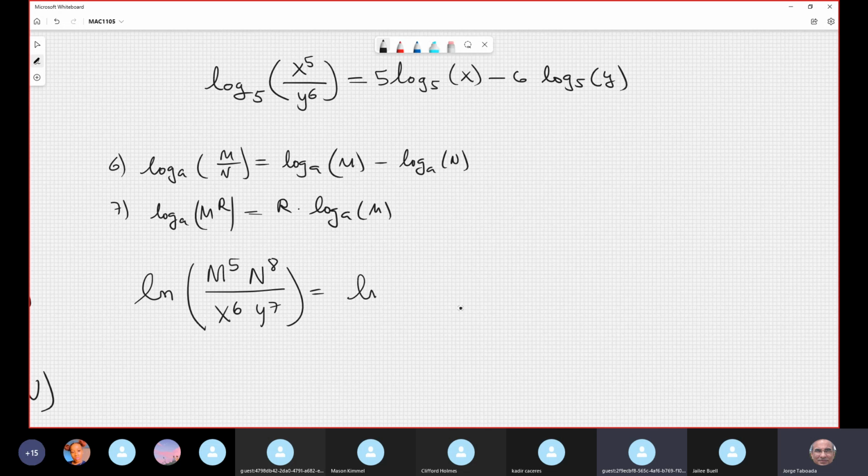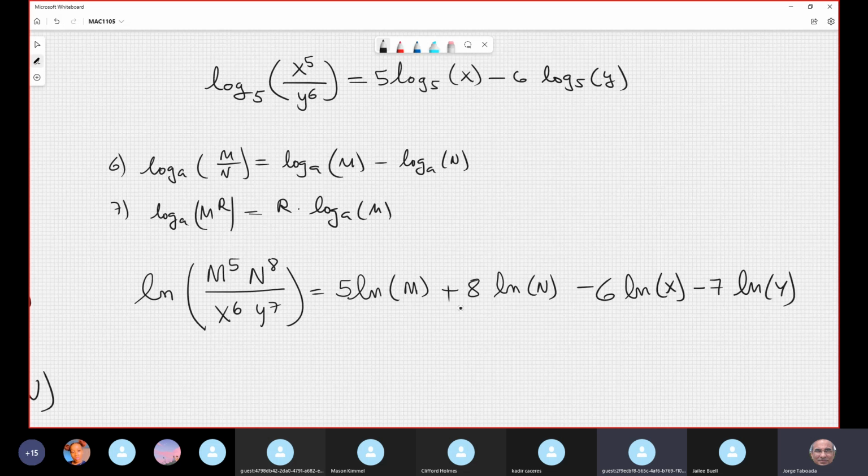The first one is 5 ln m, the exponent goes to the front like a factor, plus 8 ln of n. Everything in the numerator is positive. Everything in the denominator is negative: minus 6 ln x minus 7 ln of y. End of the story.